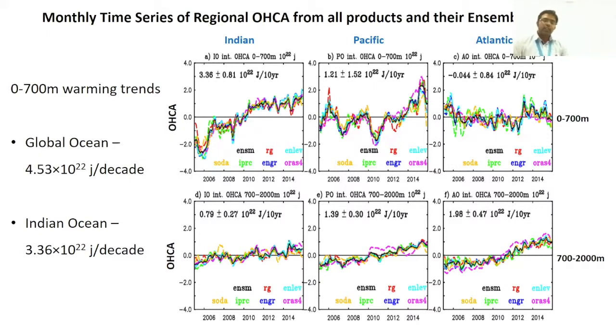So there is some kind of ocean heat content redistribution between the Indian Ocean and the Pacific Ocean, and this redistribution is because of the presence of the hiatus, which shows an Indo-Pacific ocean heat content redistribution.